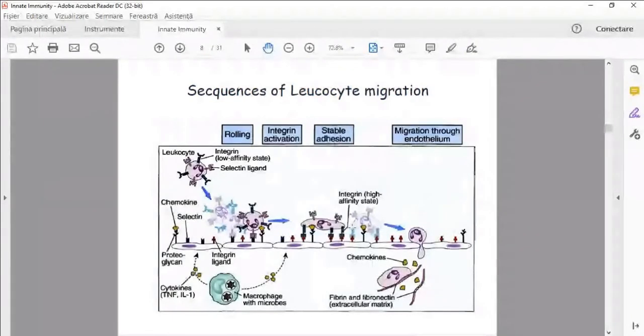After that, the next step is to activate migration through the endothelium, and in this way they will contribute to the defense of the body, to destroy the pathogen which already entered through the barrier.